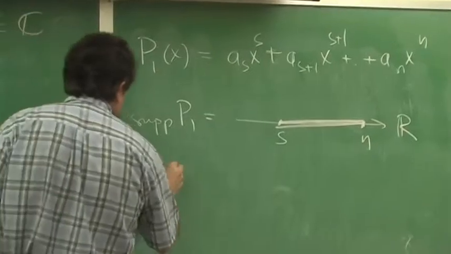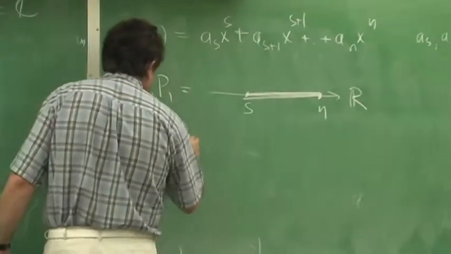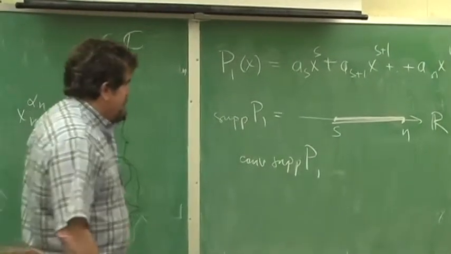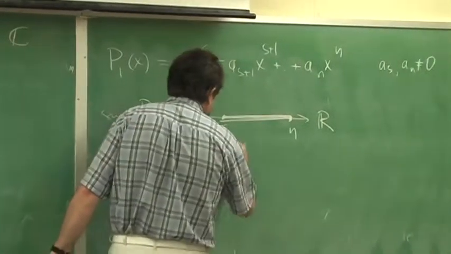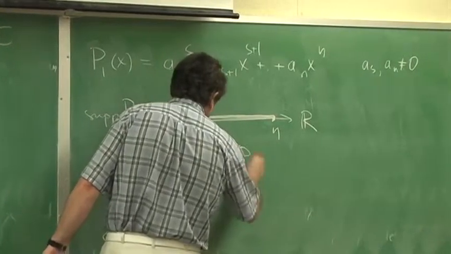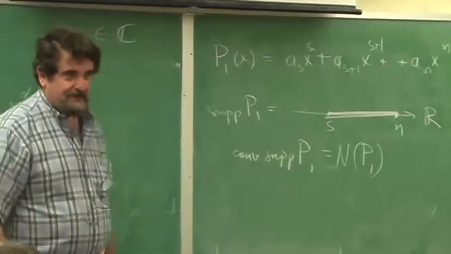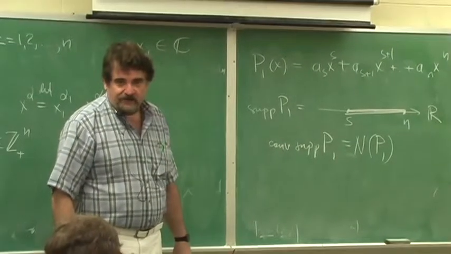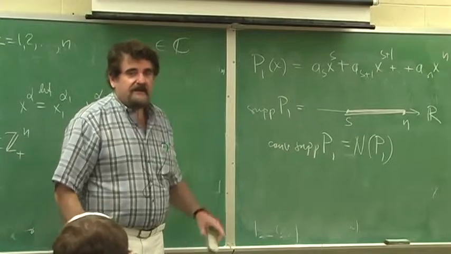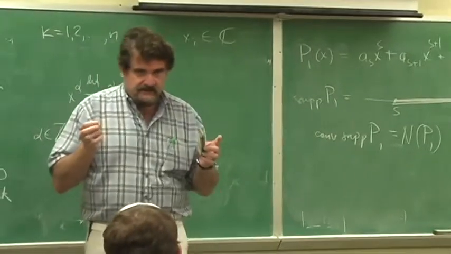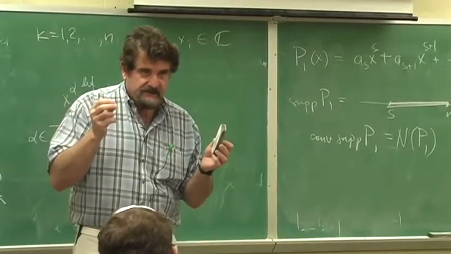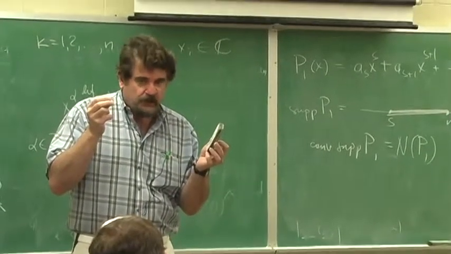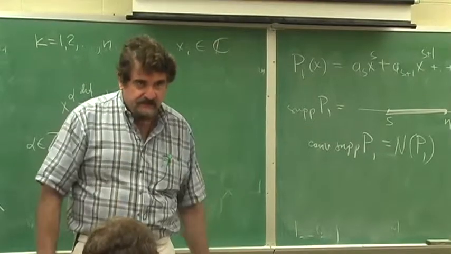And the convex hull of the support, should I explain what convex hull is? Yes, I will. It is called the Newton polyhedron of the polynomial. A set is called convex if it has the following property: given any two points in the set, the segment joining these points is also in the set.